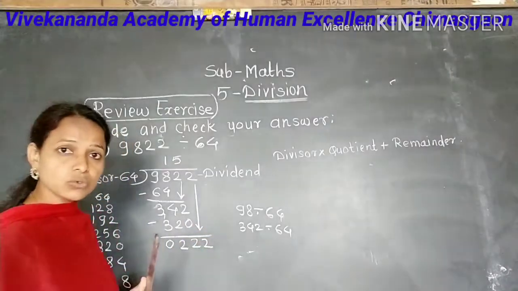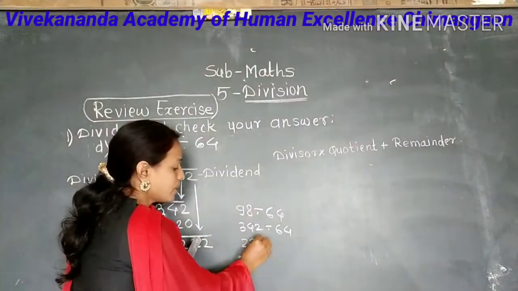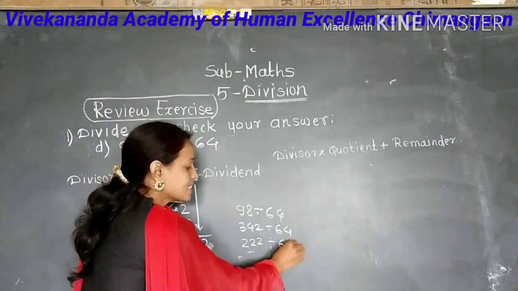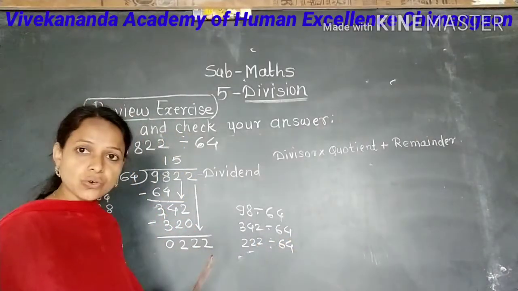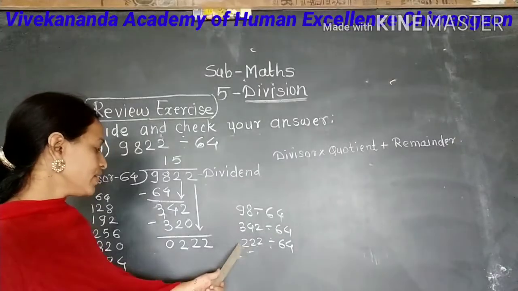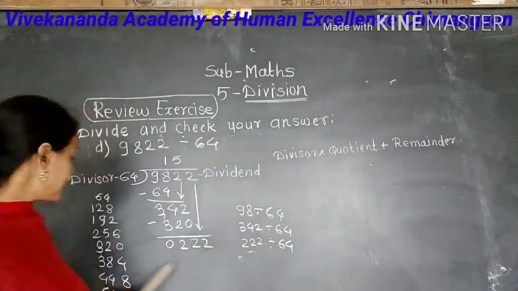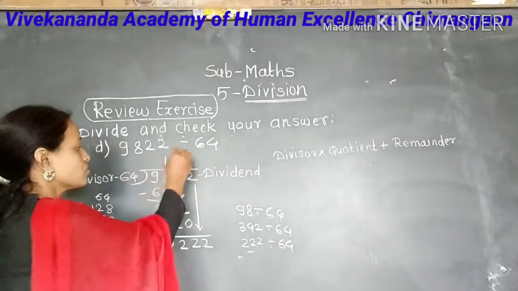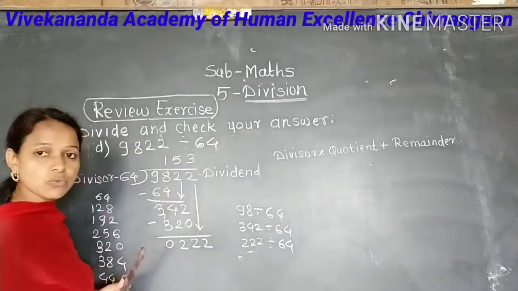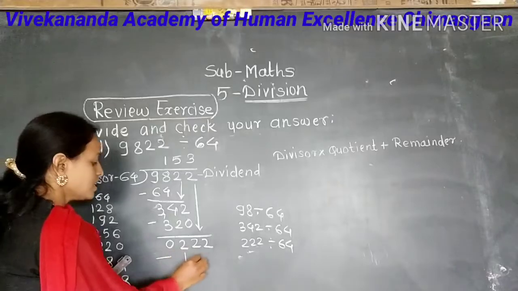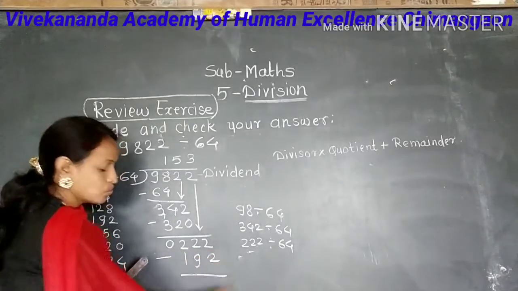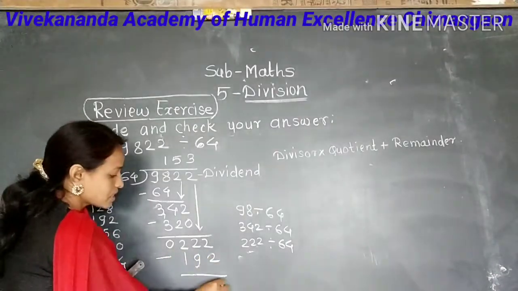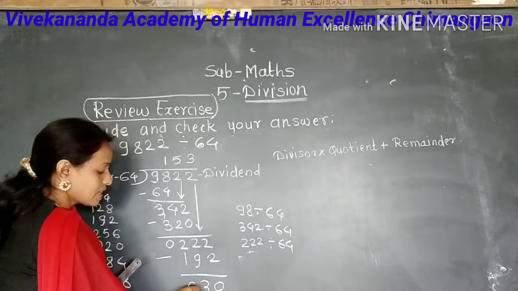Now we have to divide 222 by 64. It gives us quotient 3. So 3 is written in the ones place. Minus 192. 2 minus 2, 0. Here 3 and 0.